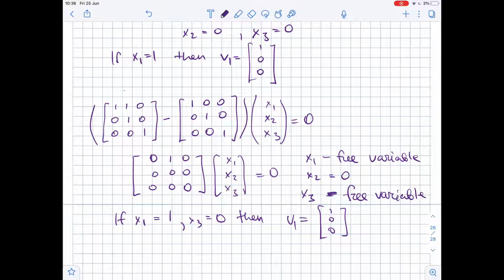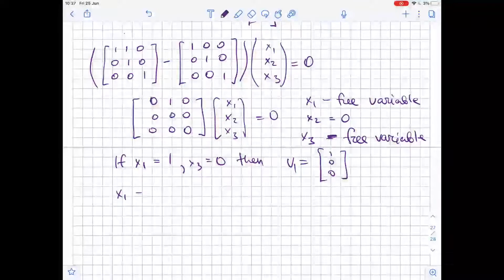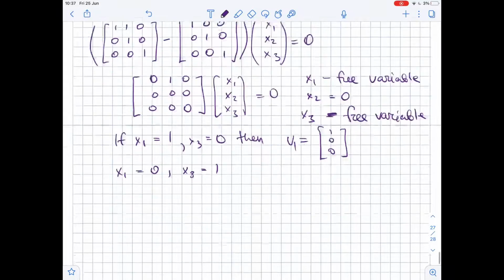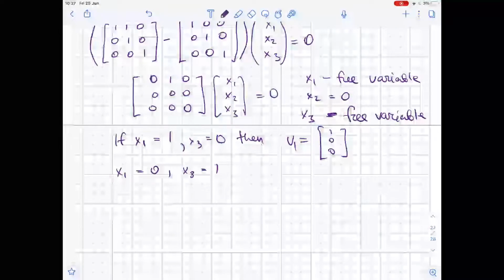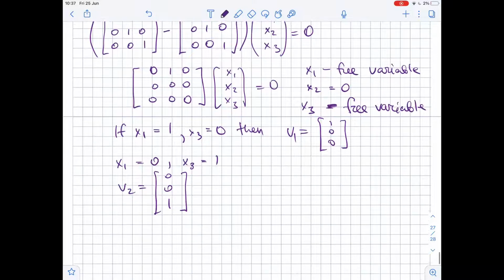We will choose the arbitrary values x1 equals 0 and x3 equals 1. Then we get that the eigenvector is v2 equals 0, 0, 1. So it is observed that the eigenspace corresponding to lambda 1 of matrix B has dimension 2.